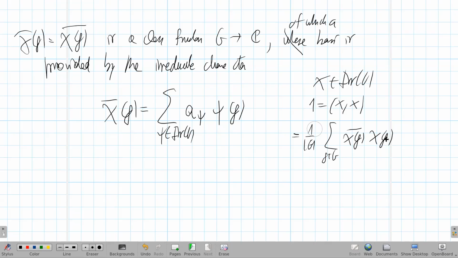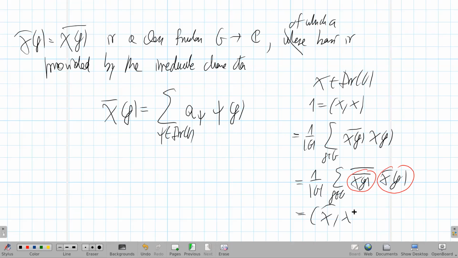But you can rewrite this somewhat perversely in this form: chi of g will, of course, be the conjugate of the conjugate. Why is this important? Because if you look at this expression, this is nothing else but the inner product of chi bar with itself, which is still 1. And this means that chi bar is an irreducible character.